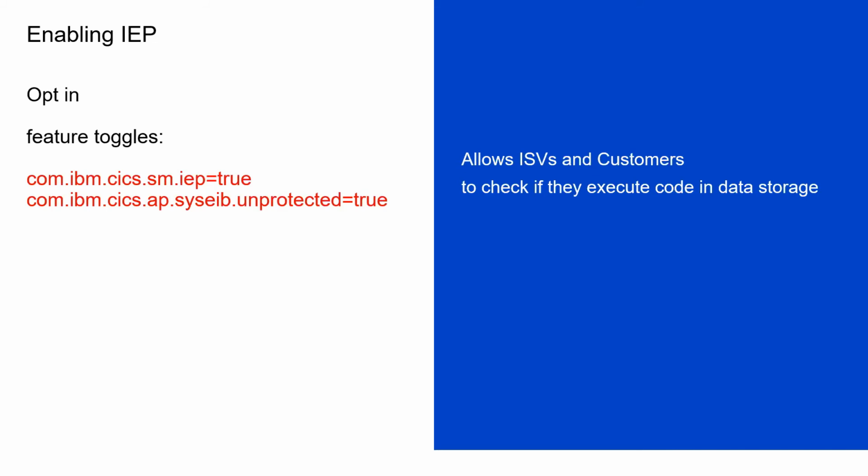So what we'd recommend, both to ISVs and customers, is to try this out to see whether they've got a problem and how big the problem is. It will be necessary either not to have this on and accept the risk, although that may not be a long-term solution, or alternatively to work out a strategy for removing that code or requesting vendors to remove that executable code.